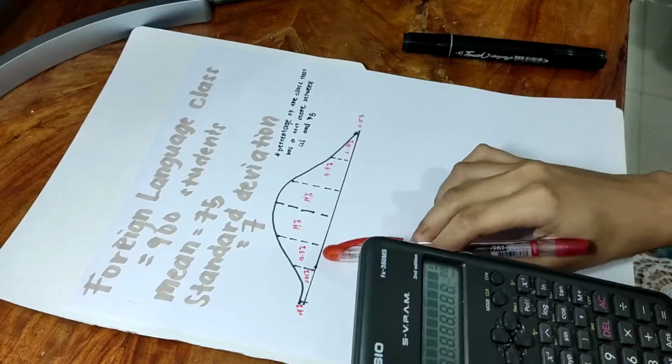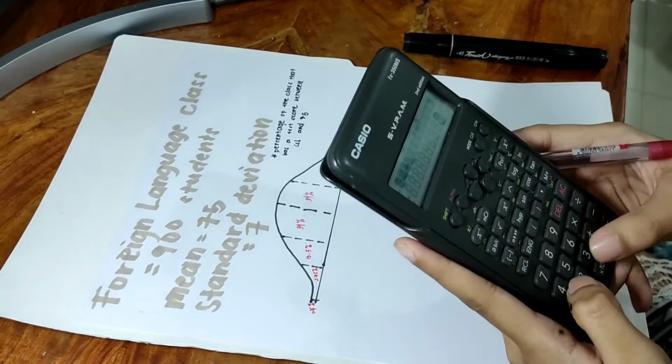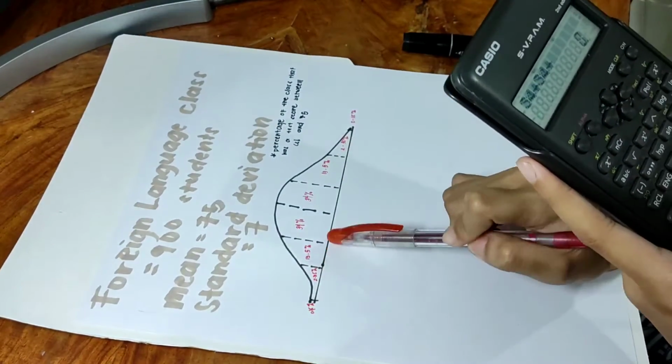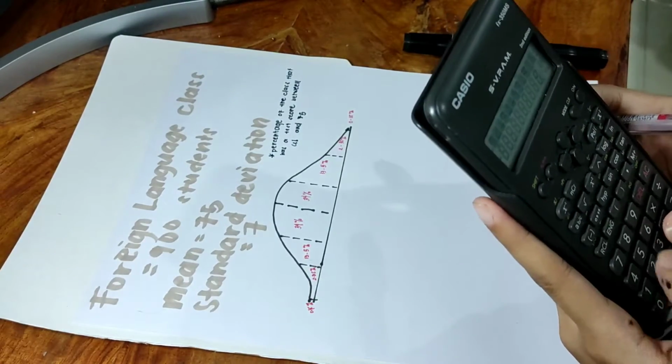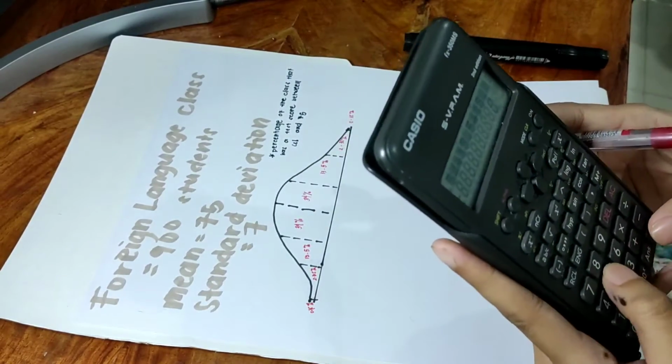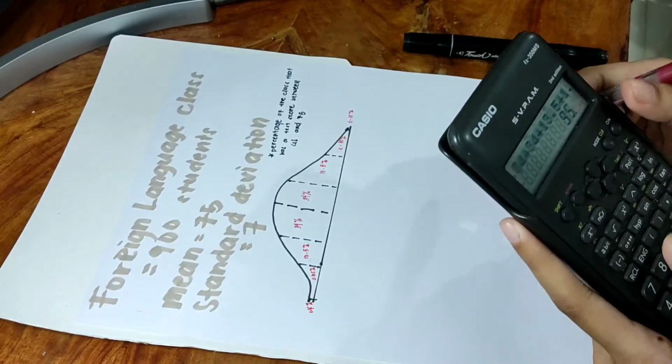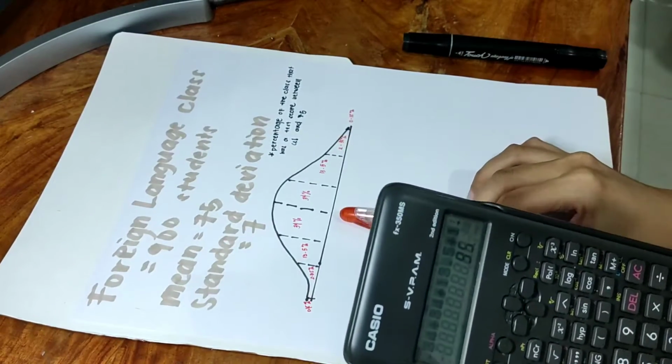And then if you add 34 plus 34 and you add 13.5 plus 13.5, it's going to be 95. So, we have that.